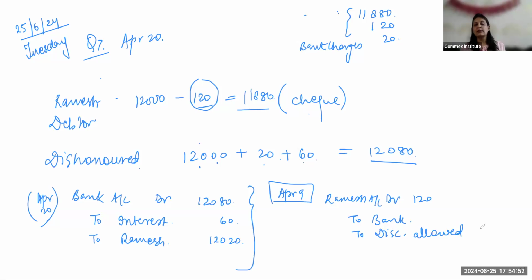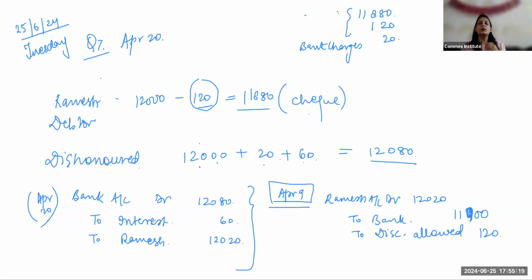Discount allowed was 120 and this would be 12,020. And to bank would be 11,900. This would be the correct entry.